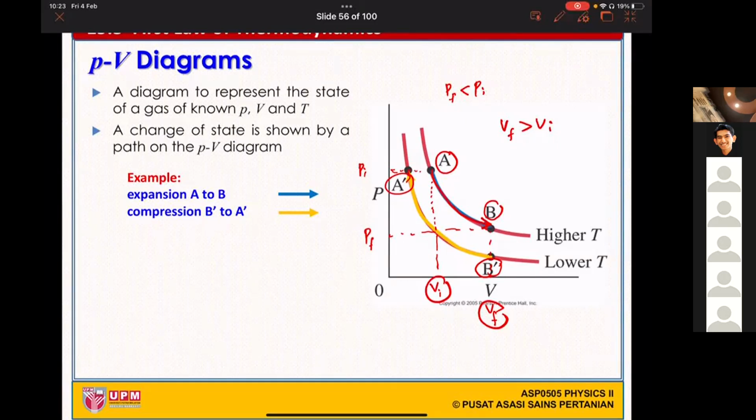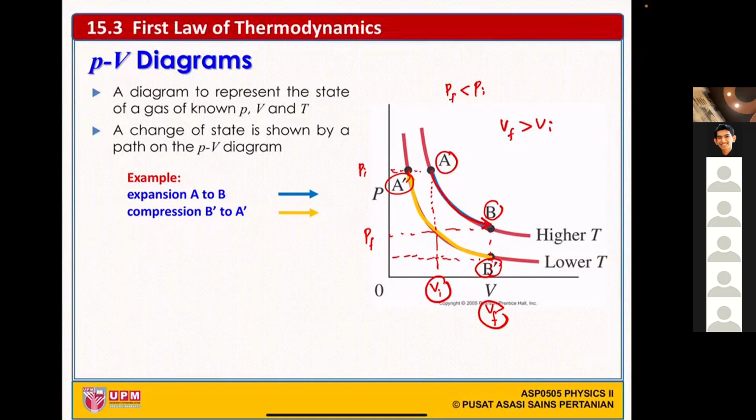So that's why kalau kita tengok graf ni, bila dekat B prime adalah large volume, P initial dia adalah rendah. Dan bila kita dah compress dia dekat A prime, volume dia akan jadi rendah dan pressure dia akan jadi tinggi sebab kita dah tekan dia.